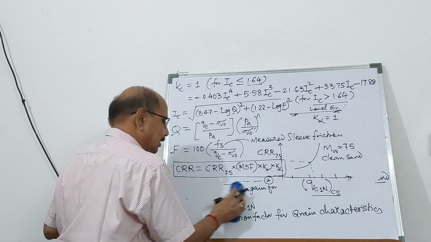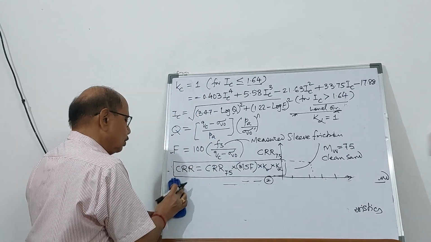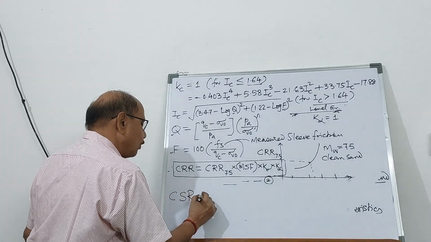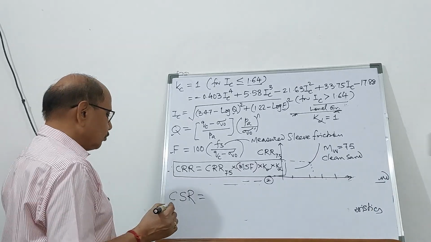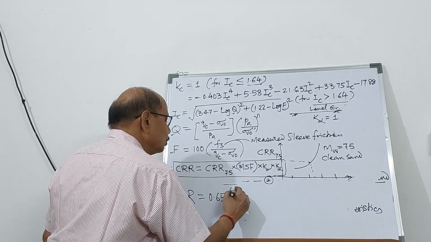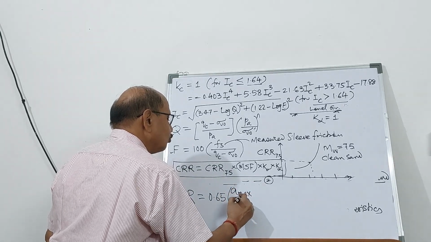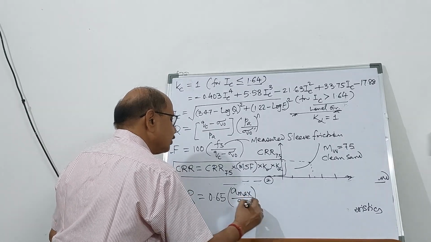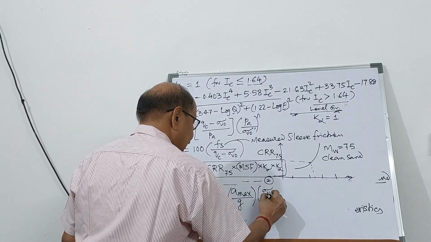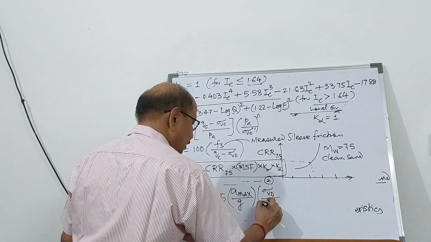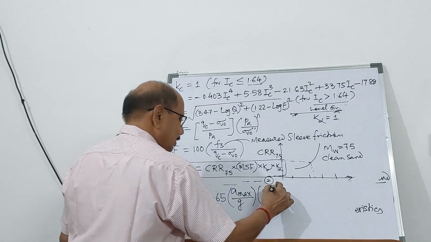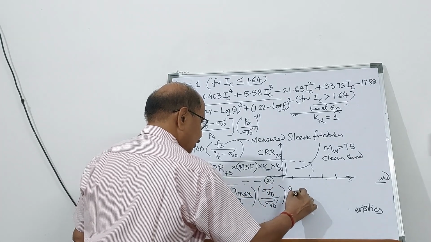Having got this cyclic resistance ratio, you can calculate the value of cyclic stress ratio for the given magnitude of the earthquake, which is given as 0.65 into maximum or peak ground acceleration divided by acceleration due to gravity, multiplied by, at a particular depth, the total vertical overburden pressure divided by effective vertical overburden pressure, into the reduction factor.